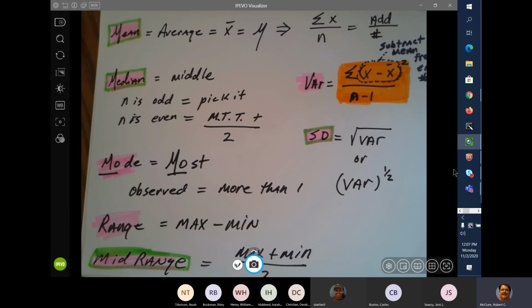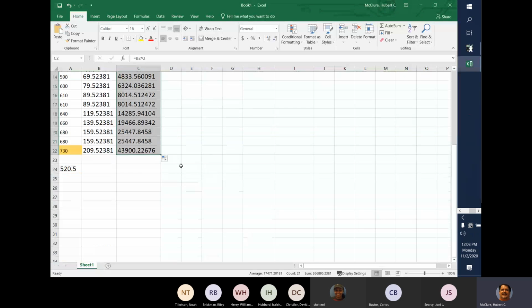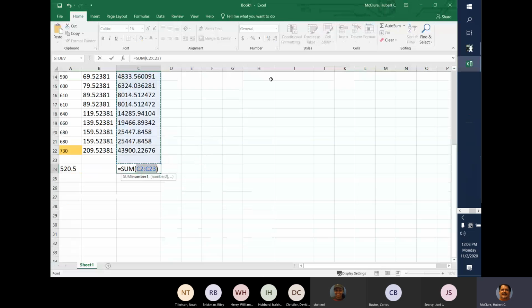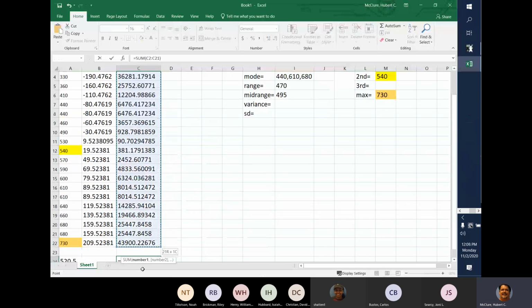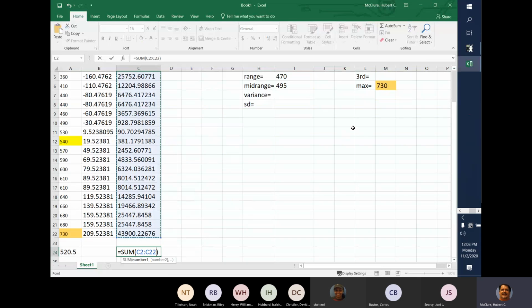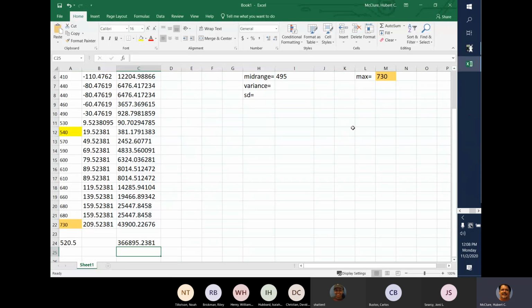So I'm going to go to my handy dandy spreadsheet, and I'm going to add all these numbers up. Now with the Excel spreadsheet, you just take sigma and then you highlight all those numbers and hit enter. And that right there is the numerator for your variance.